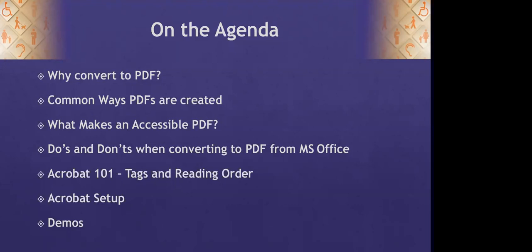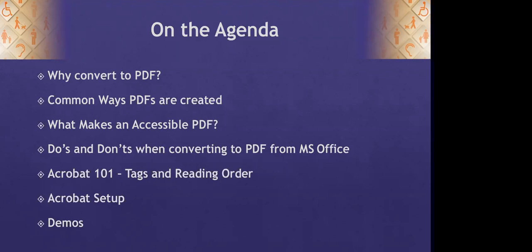Several of the things that I do here will be similar if you're using a slightly older version of Acrobat Pro, but we will be using DC for this. And just some things to think about, setting up, kind of optimizing Acrobat to use certain features of it that may not be set up in a default setup for you.